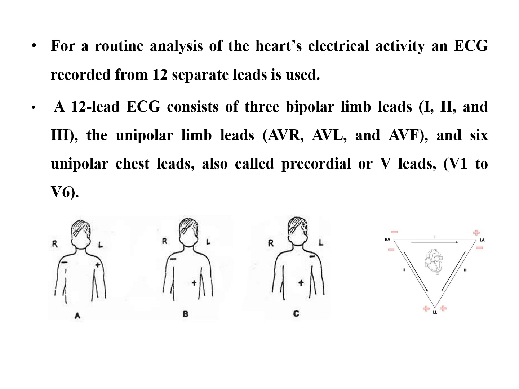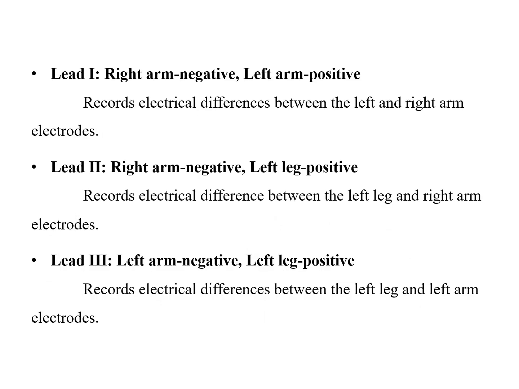This is called the Einthoven triangle. The right arm and left leg are used to form the triangle shape of the lead systems, lead 1, 2 and 3. Again, lead 1 is right arm negative, left arm positive, recording the electrical difference between the left arm and right arm electrodes.